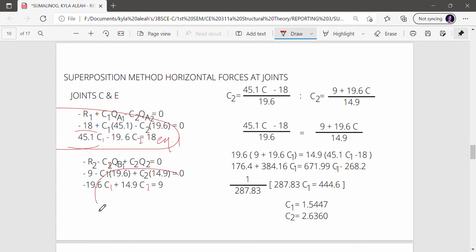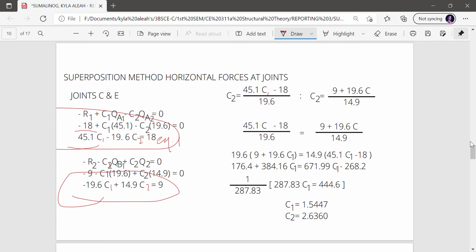That will be our equation 2. We already have our equation 1 and equation 2. Manipulating them, we get this formula: C2 equals (45.1 C1 minus 18) over 19.6, and from equation 2, (9 plus 19.6 C1) over 14.9.